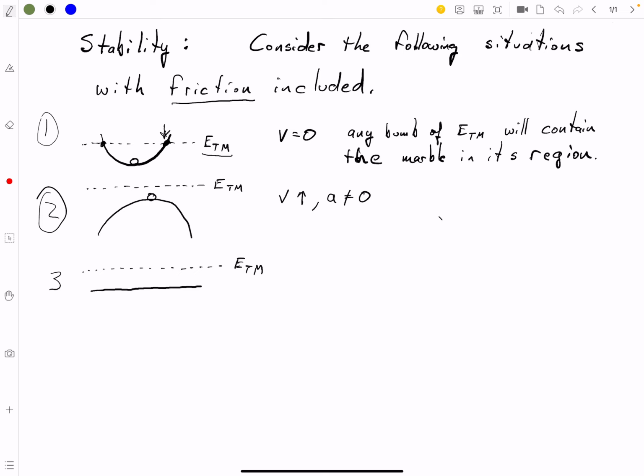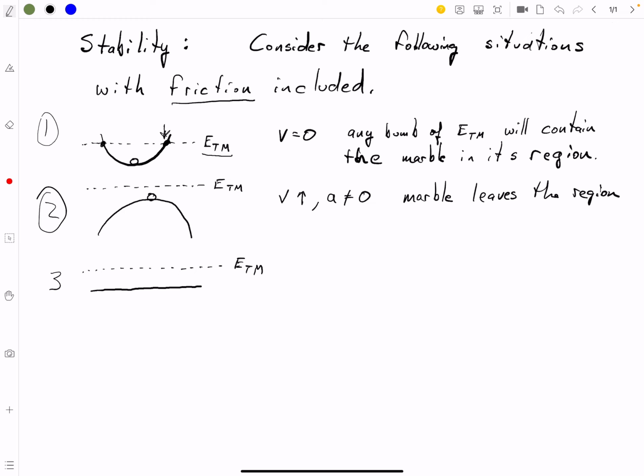And so that's an ever increasing velocity and a runaway system. Okay, so the marble goes away. Marble leaves the region.